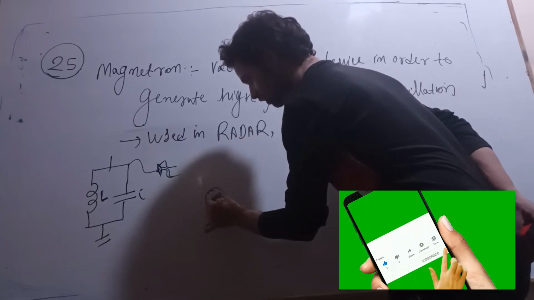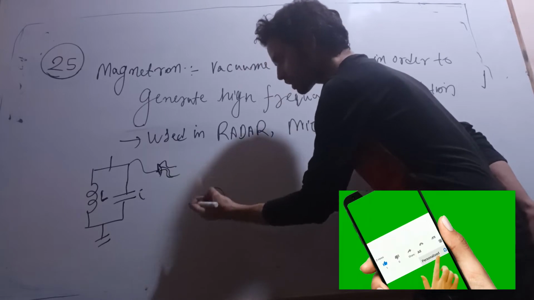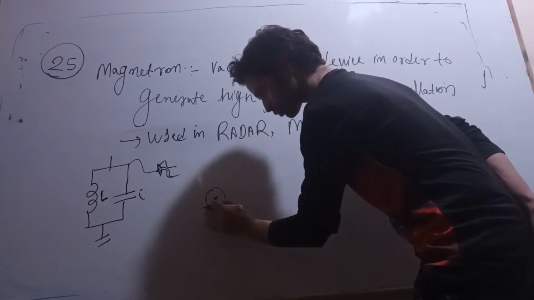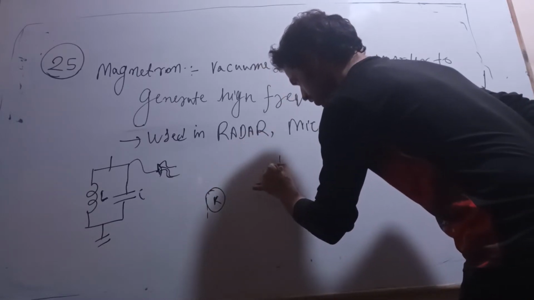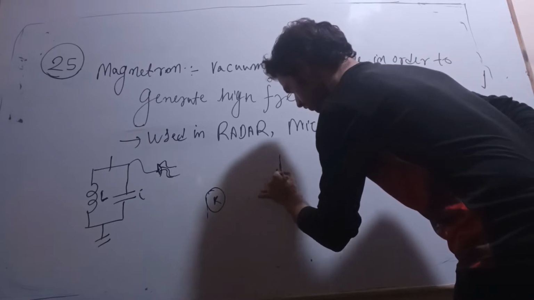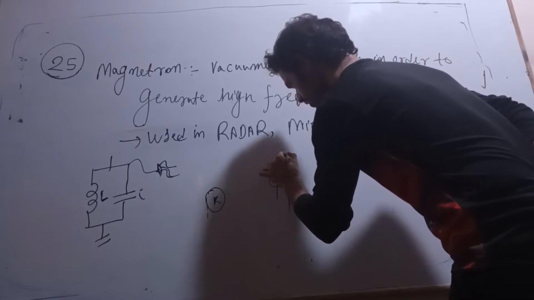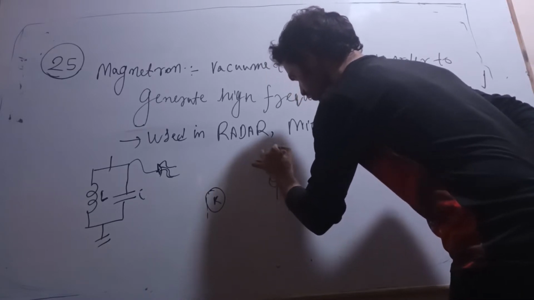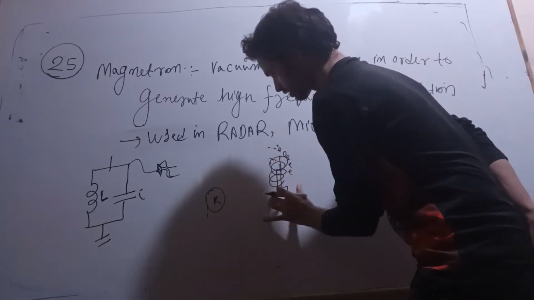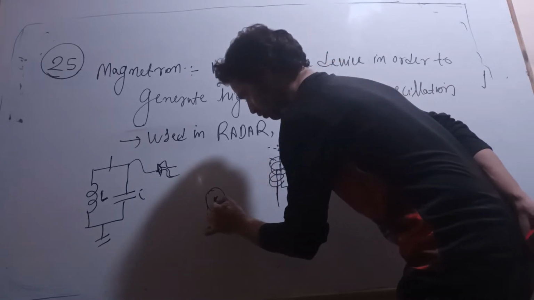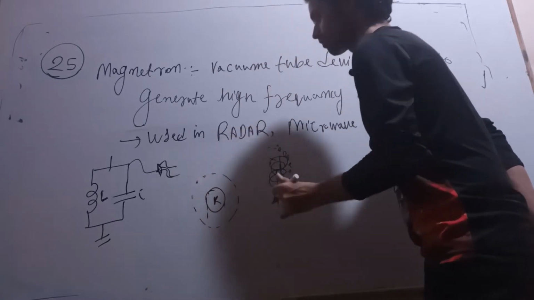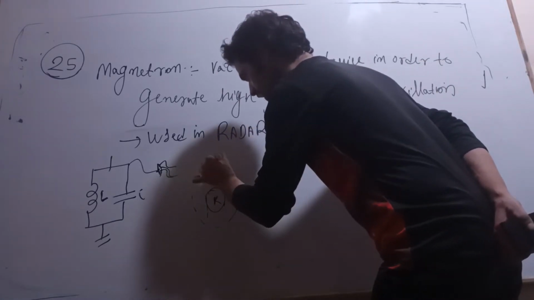This is the cathode, through which we are emitting electrons. Here we are generating electrons. So this is the cathode, and then there is the anode, in the form of cavities.